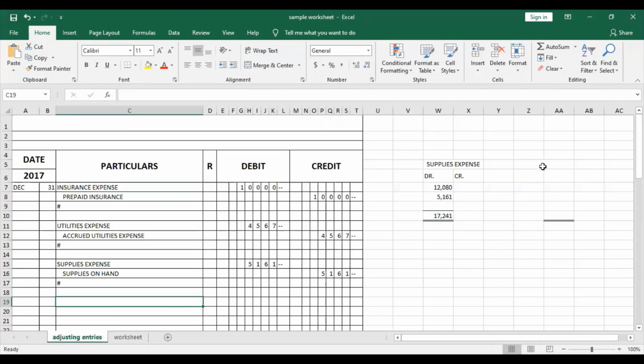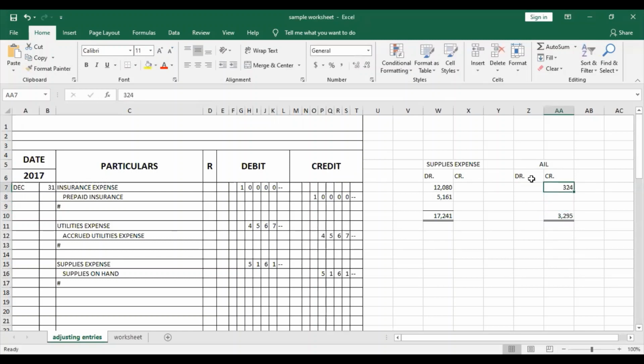Gawa ulit tayo ng T account, allowance for impairment loss, debit, credit. Meron kang recorded on your unadjusted trial balance credit of 324. But according to the adjustments, it should be 3,295.